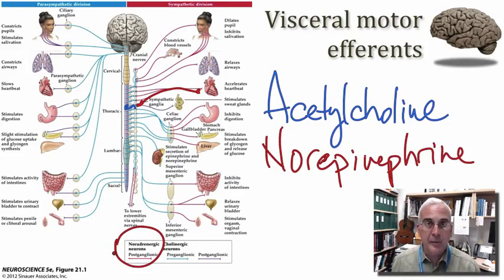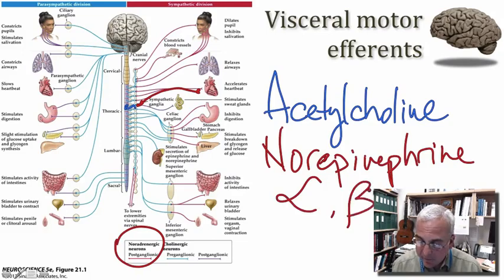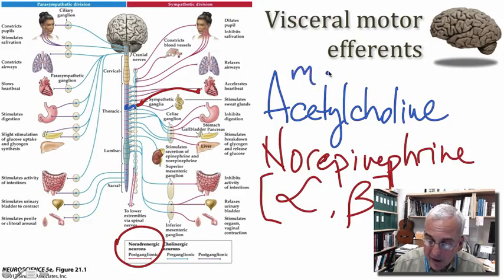And as we'll come to see, these neurotransmitters interact with adrenergic receptors, the alpha and the beta receptors for norepinephrine, whereas the acetylcholine neurons interact with a variety of muscarinic acetylcholine receptors.